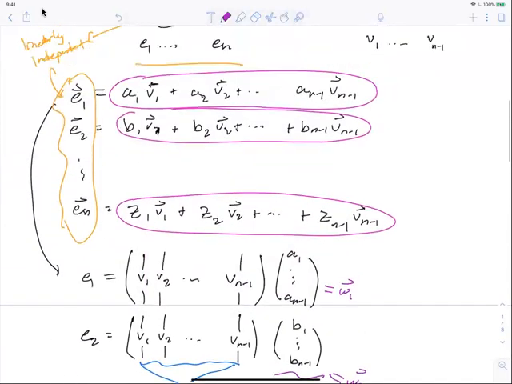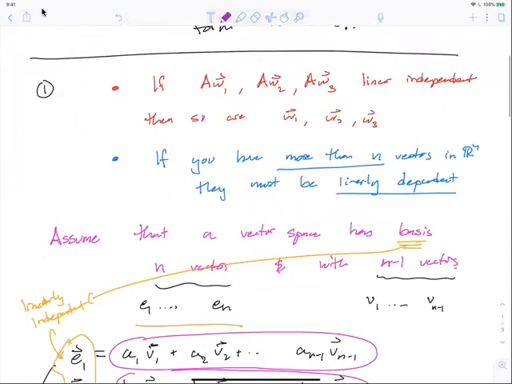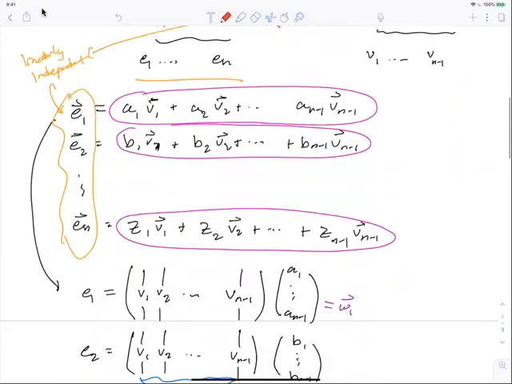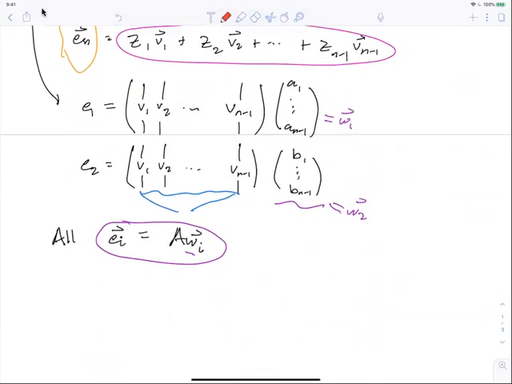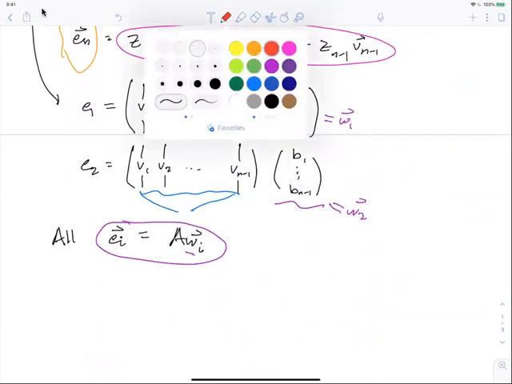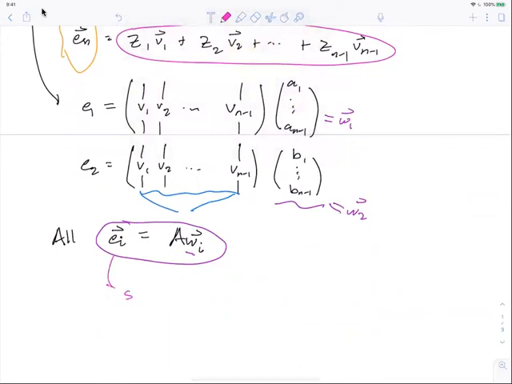All right, so now we're going to apply the first fact. The first fact says that if you have this, and this works for any number of vectors, not just 3, though 3 is convenient, and since all the E_i's are outputs of them, and they're linearly independent, this implies by the first fact that the W_i's are linearly independent.